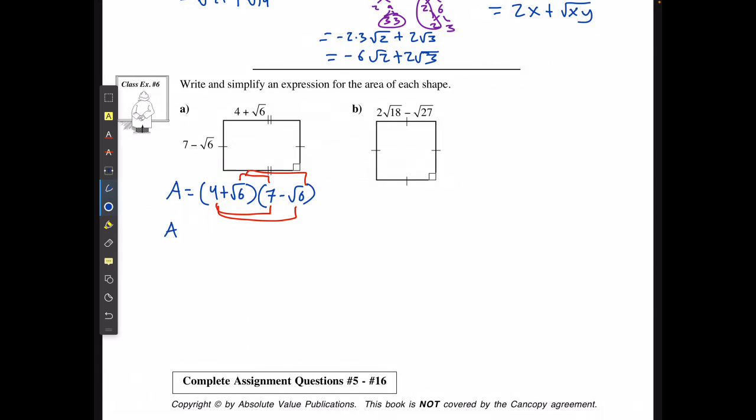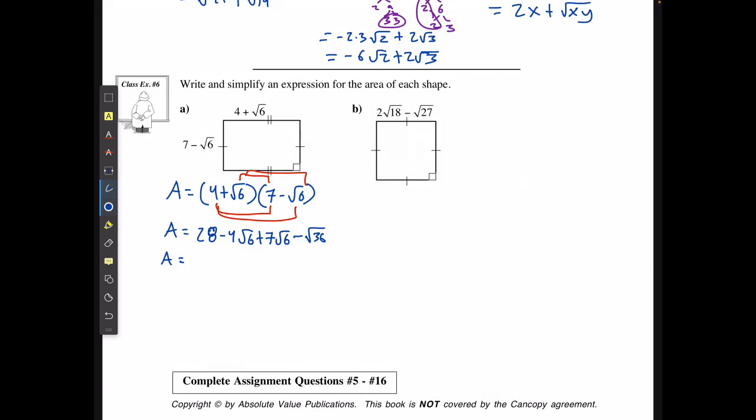So the area is going to equal 4 times 7 is 28, minus 4 root 6, plus 7 root 6. And positive root 6 and negative root 6 is going to give me minus the square root of 36.